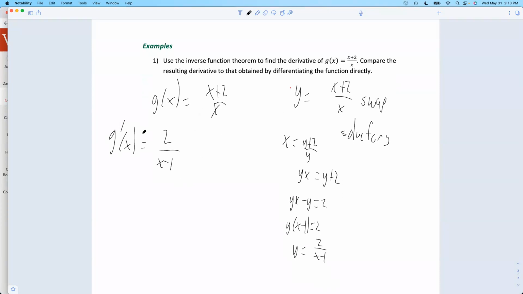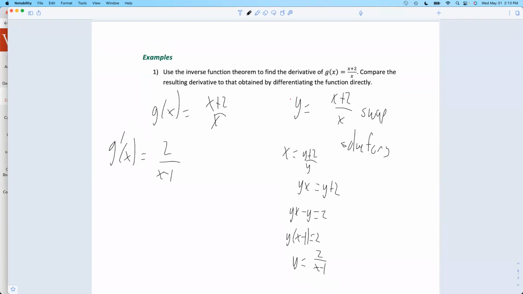Okay, now, what's the point of this theorem? This theorem says, oh, sorry, I wrote inverse wrong. This is G inverse, that's G negative 1. I accidentally wrote a prime there. This theorem says the inverse's derivative would be 1 over the original function's derivative evaluated at this inverse that we just calculated.